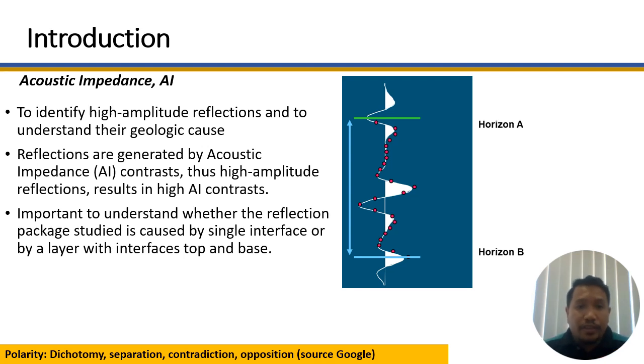A single interface reflection is likely to be caused by a boundary between two different rock formations. A layer reflection, on the other hand, is likely to be caused by a layer of rock that is sandwiched between two other layers of rock with different AI values. So what I want to say is high amplitude reflections on seismic images are caused by a strong contrast in acoustic impedance. We will discuss acoustic impedance on the next slide.